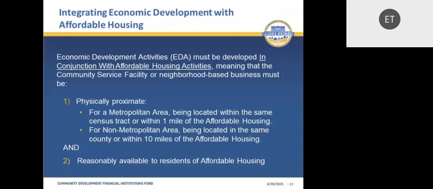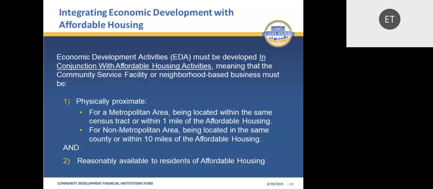If you're planning to propose economic development in your application, there are certain requirements that you need to be aware of. These requirements are also outlined in the CMF interim rule. The first requirement is that economic development activities must be developed in conjunction with affordable housing activities. What that means is that the community service facility or the neighborhood-based business must be physically proximate.